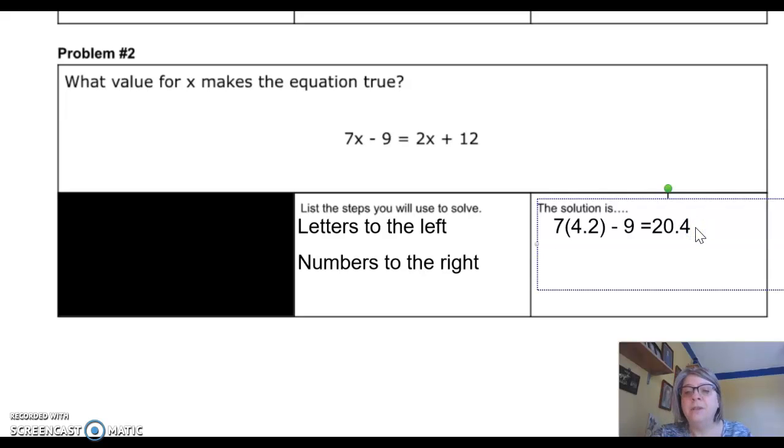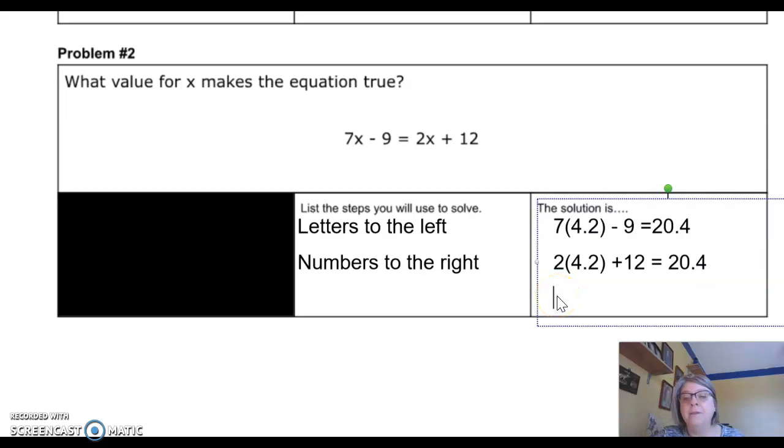And then I'm going to do the other side, 2, and replace x with 4.2. And I'm going to add 12, and I'm going to run that through on my calculator that you can't see right now. And I also get 20.4. That means that I did the question right, and the solution is x equals 4.2.